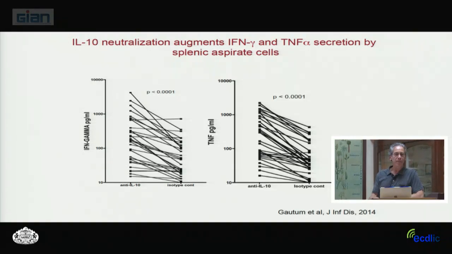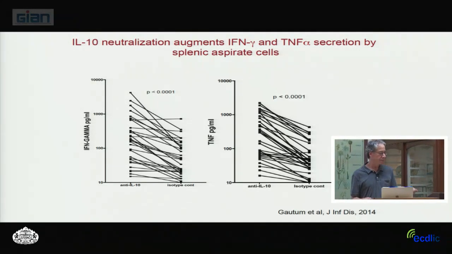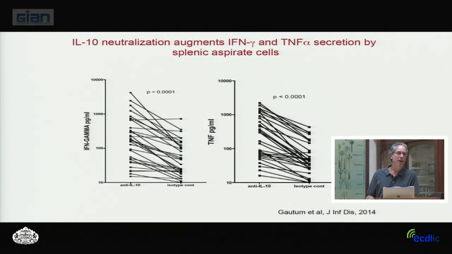Now keep in mind, these patients are making IL-10. If you remember the first lecture I gave, IL-10 is an immune regulatory cytokine that when it was blocked, or when IL-10 genetically deficient mice were infected with toxoplasma, they died by a cytokine storm.